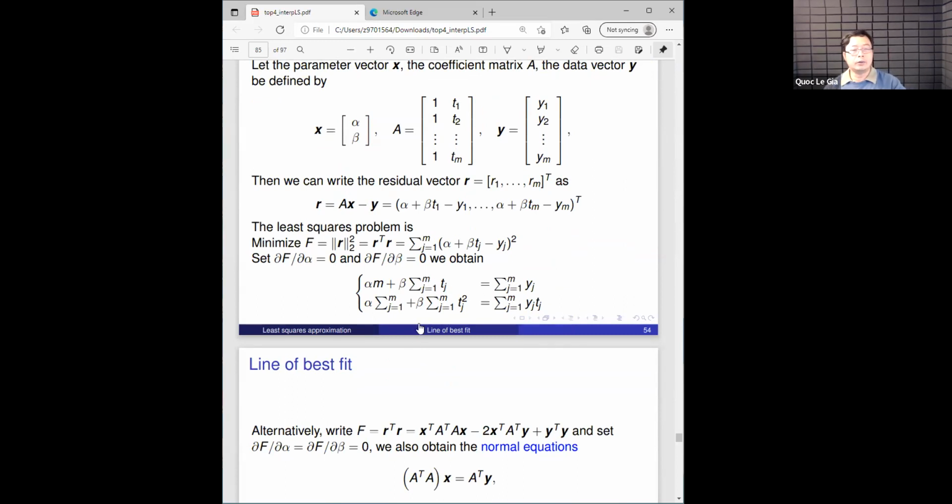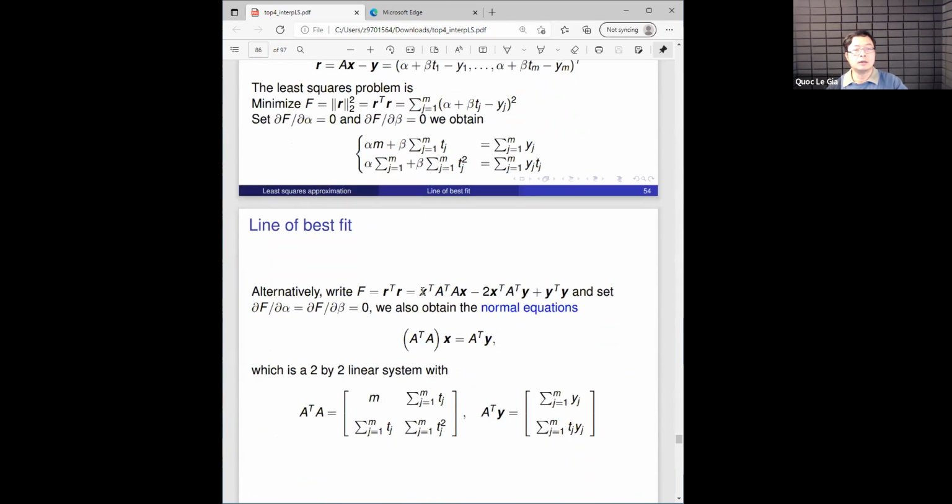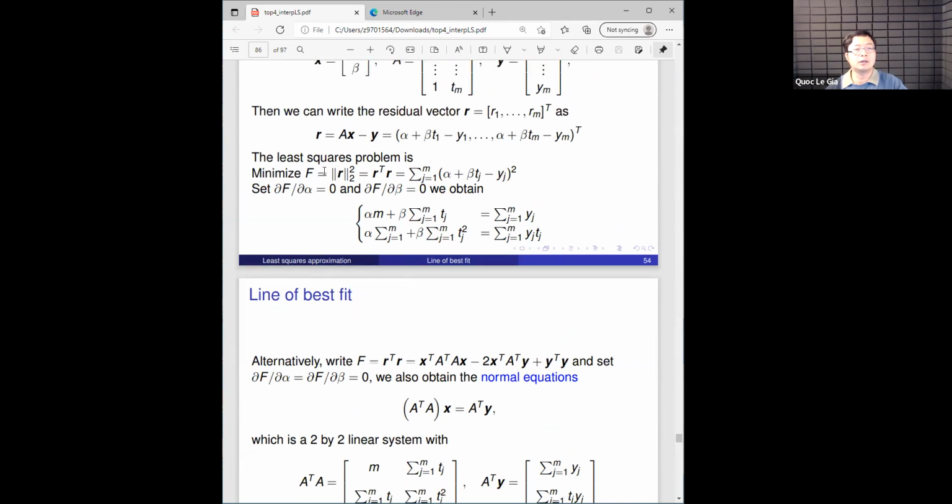Another way to look at this is you can write F as the product R transpose R, because remember, F is just the two-norm of a vector. So you can write the two-norm out like this.